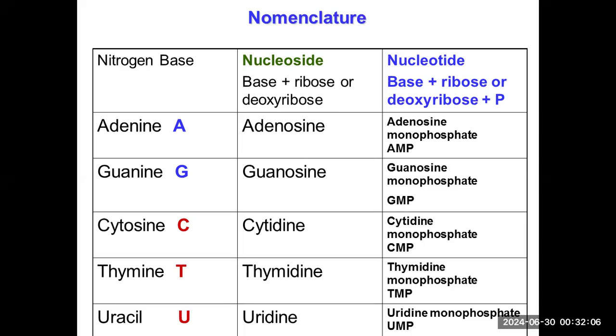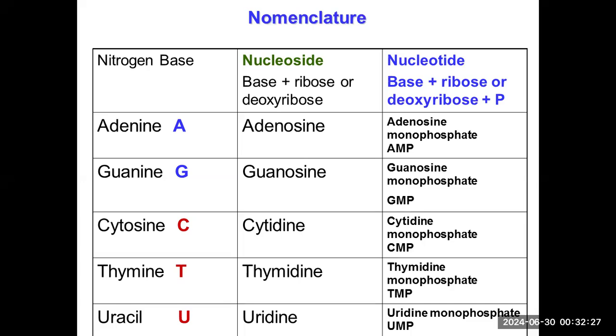For the adenine base, the nucleoside is adenosine. For guanine, it is guanosine. And if we combine phosphate with the nucleoside adenosine, it becomes the nucleotide adenosine monophosphate.